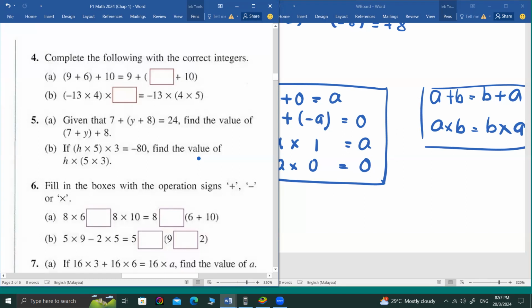Okay, can you try number 4? Then after that, only I let you rest. Try number 4. This is also commutative law, yeah?